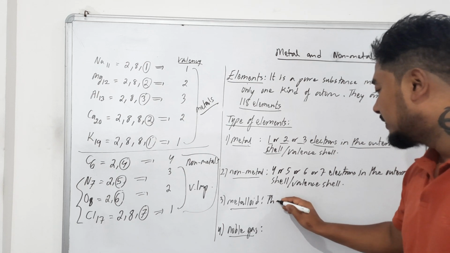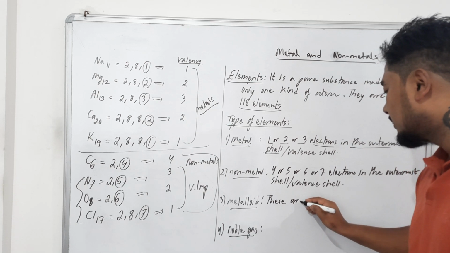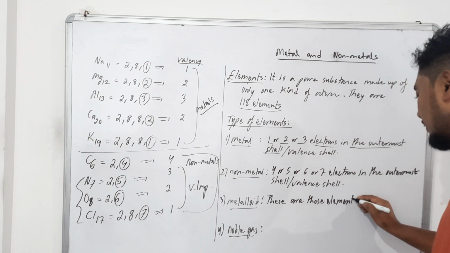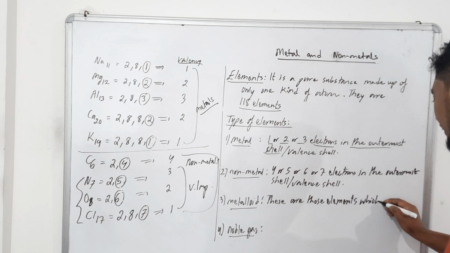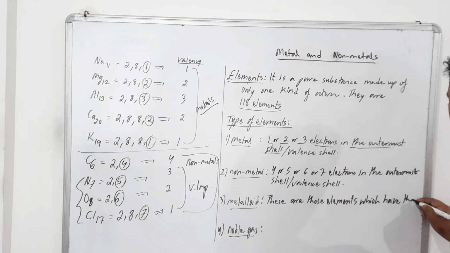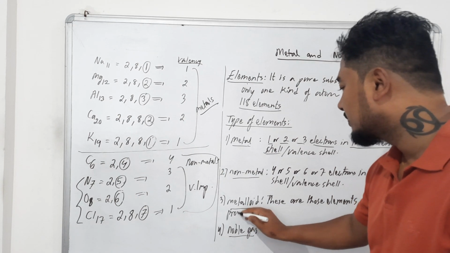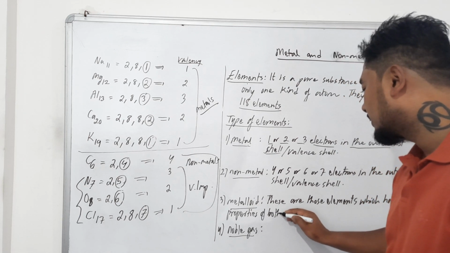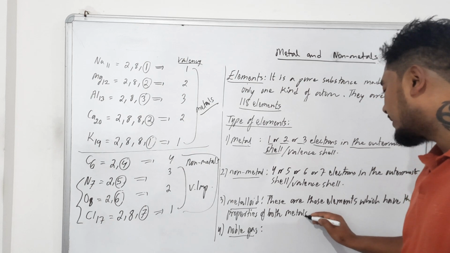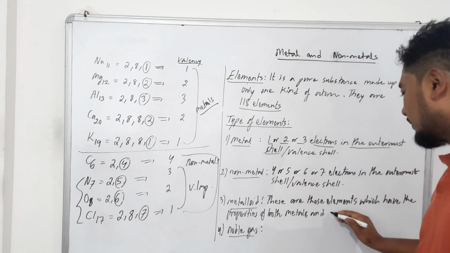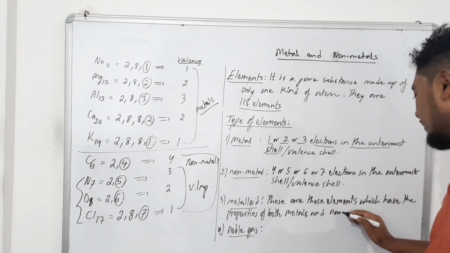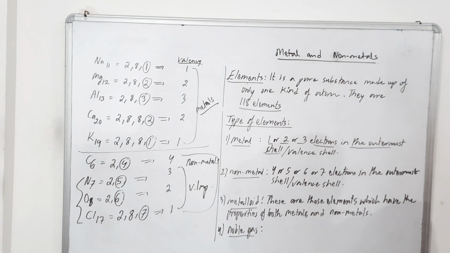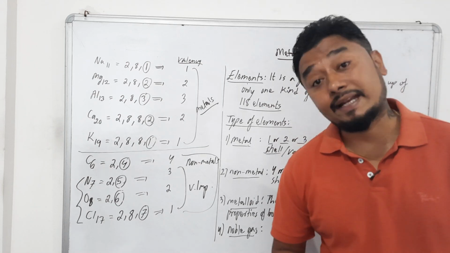These are those elements which have the properties of both metals and non-metals. So those who have the properties of both metals and non-metals, we call them metalloid.